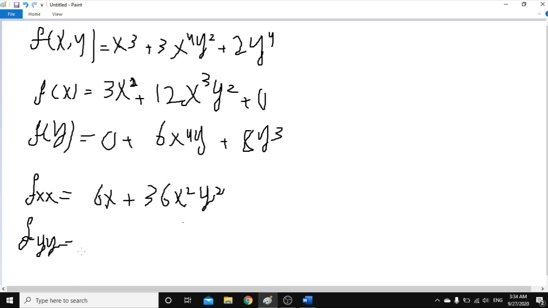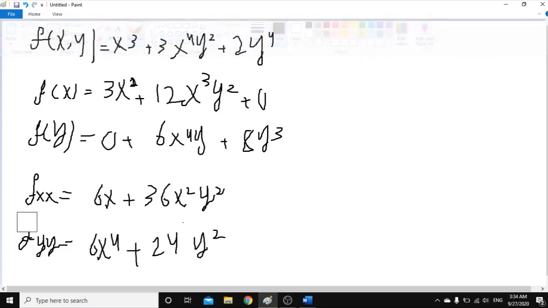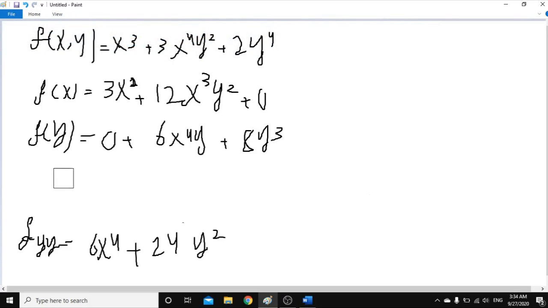Okay. So here, what's left is 6x to the fourth, because with respect to y, the derivative for the y is 1, so what's left here is 6x to the fourth. And then plus 3 times 8 is 24y squared. So this is the final answer for those.